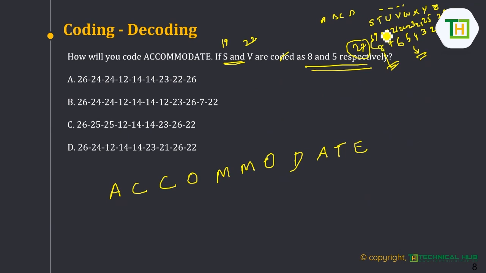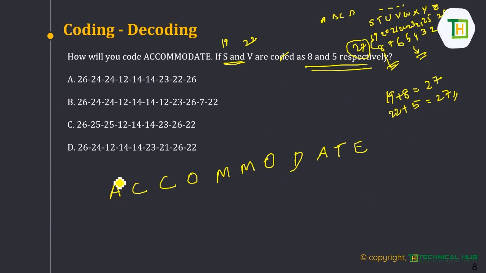The actual position of V is 22, and its reverse position is 5; both added also give 27. The same logic is applied in this case.